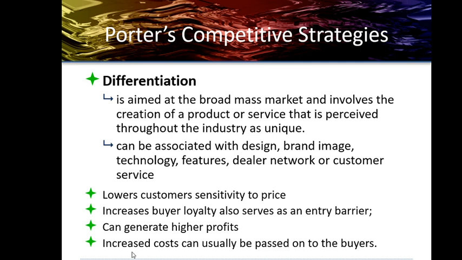Lastly, the last benefit: increased cost can usually be passed on to the buyer. Producing higher quality will need more expenses, more cost, but this cost will be transferred to your customers because you are selling at higher prices.